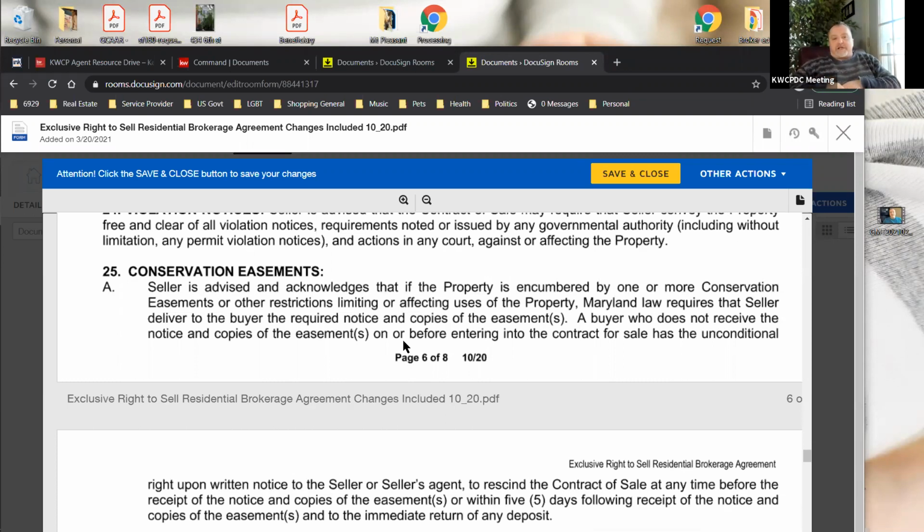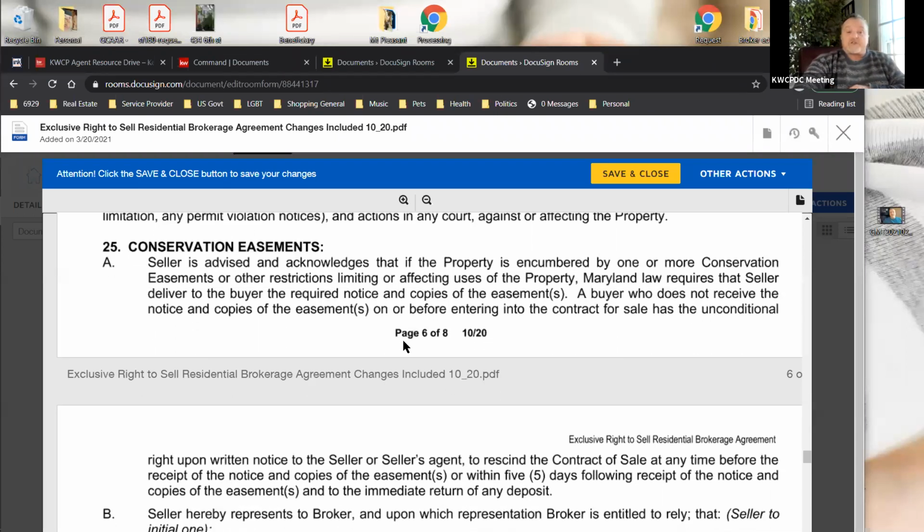So our sellers have to be in compliance with those conservation easements. And if they are not in compliance, then we have to bring them into compliance in order to transfer the property to the buyer, so that the buyer can also be in compliance. That's not optional, it's a mandatory requirement if you are in a conservation area.